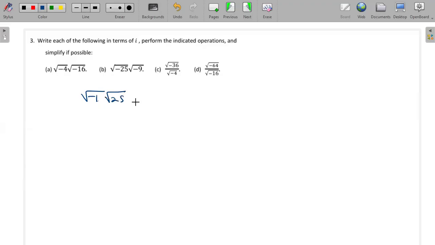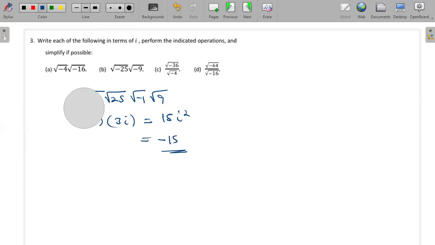Then you can write this as 5 times negative 1, and root 9, like that. So this gives you 5i for this one, and then it will give you 3i. And this here is just going to be 15i squared. That i squared is negative 1, so that gives you negative 15.